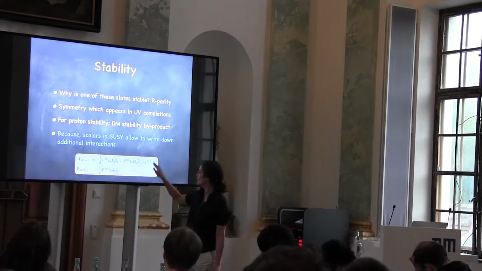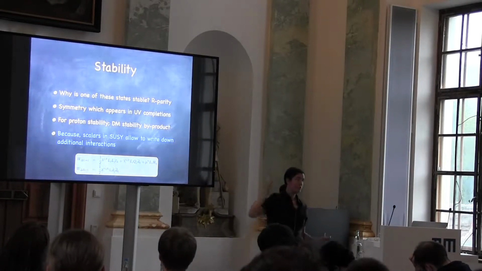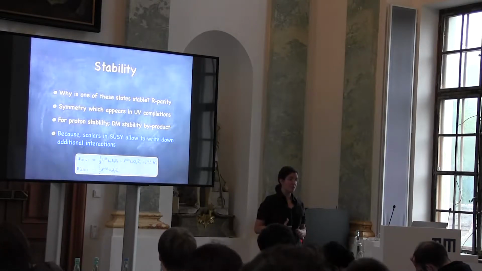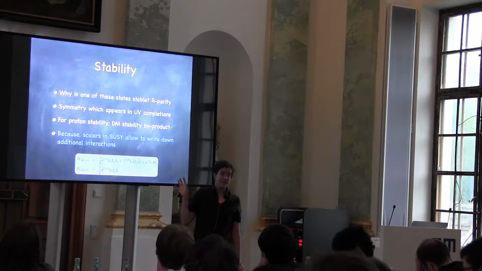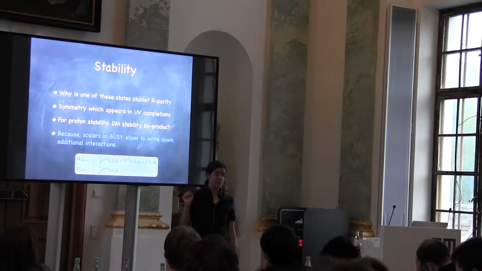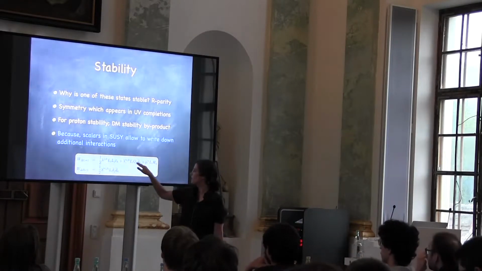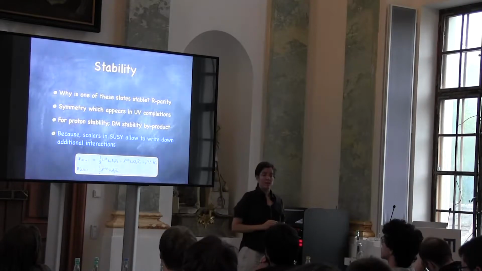These are the same operators that we saw yesterday in the context of asymmetric dark matter. If my theory needs to respect the gauge symmetries of the model, and now I have all these additional scalars floating around, that allows me to write down additional operators that weren't there in the standard model.